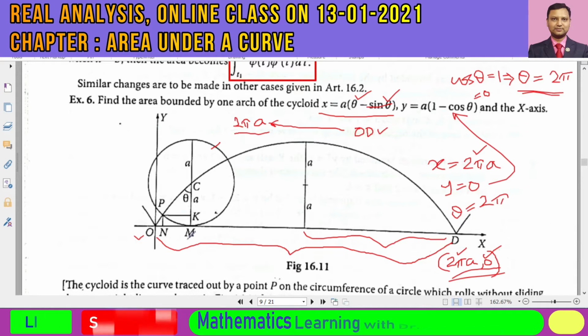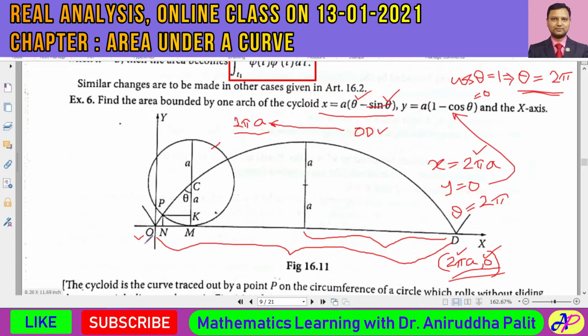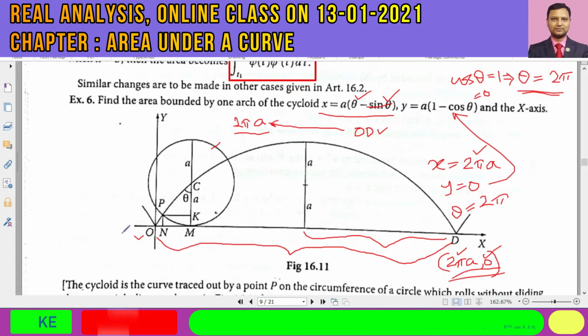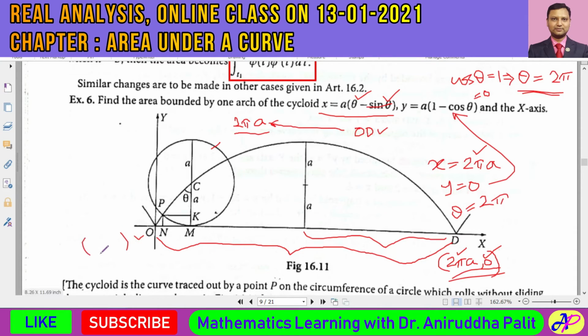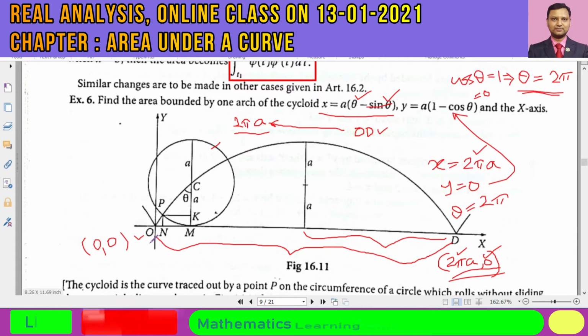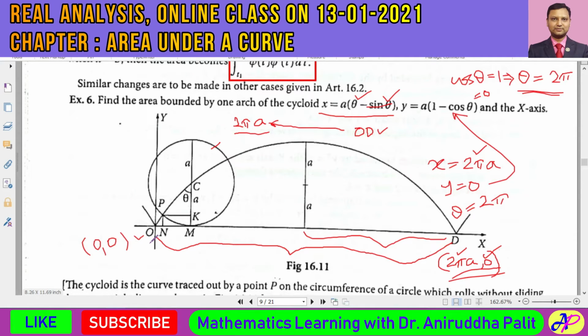And similarly, at the starting point O, what are the coordinates of the point O? 0, comma 0. The origin. These are the coordinates of the point O. All right.